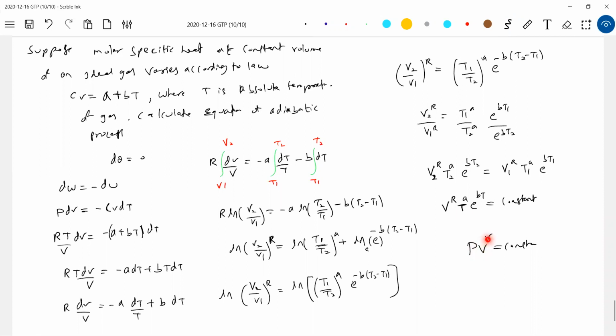There are n types of adiabatic processes. Even this is also an adiabatic process. So now we know this one, TV. This is also an adiabatic process. These are also adiabatic processes.